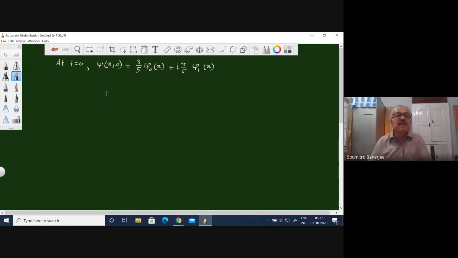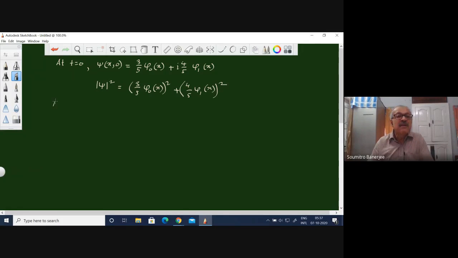So at t equal to 0, the distribution will be the mod psi square, which is this square plus this square. So it is basically 3 by 5 psi naught x square plus 4 by 5 psi 1 x square. So that is the mod psi square.